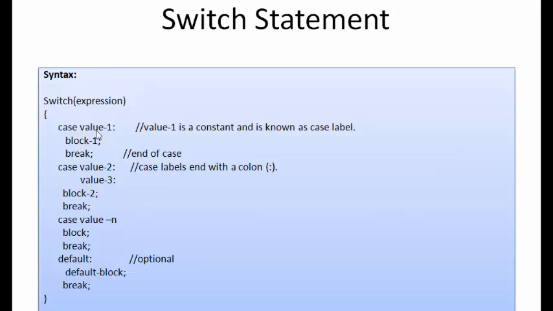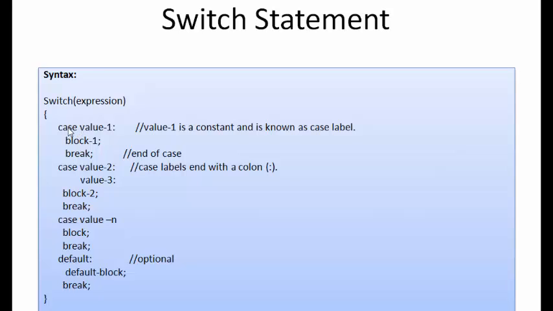If at the end of the block we find the break, then the program will break and the controller will come out of the block. If break does not exist here, the controller will automatically read the other cases also. So now we have break here, at the end of the case, the controller will end.